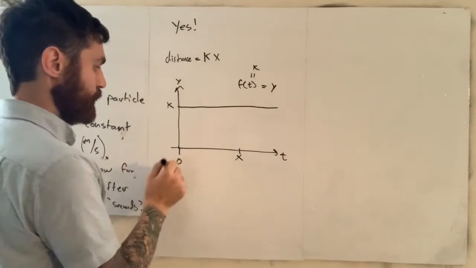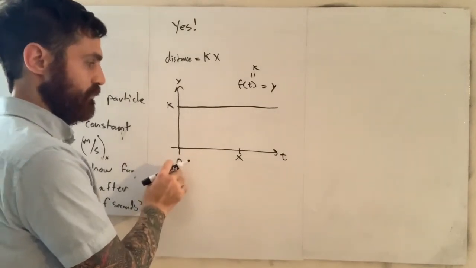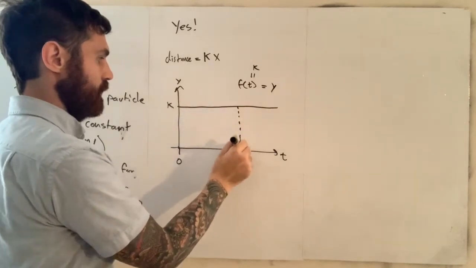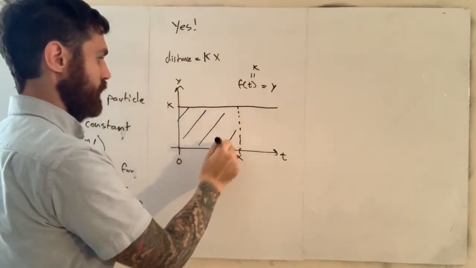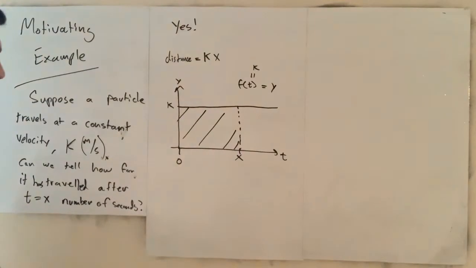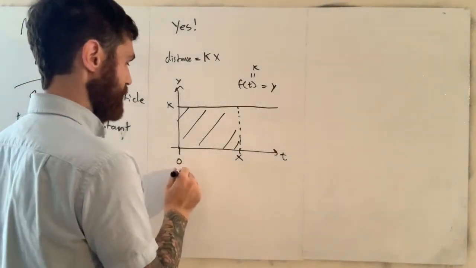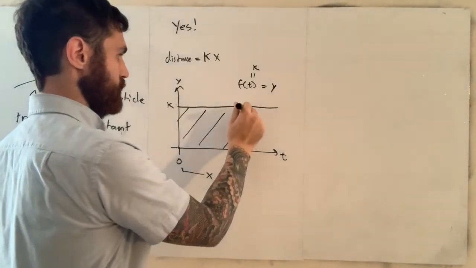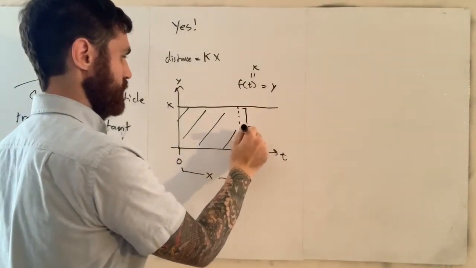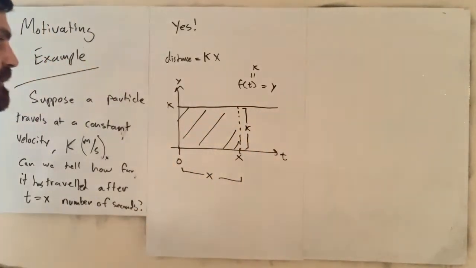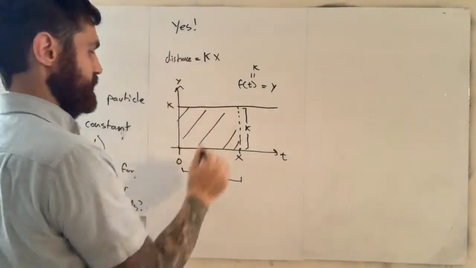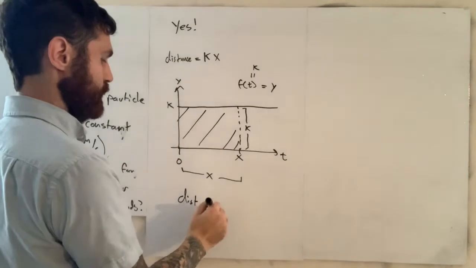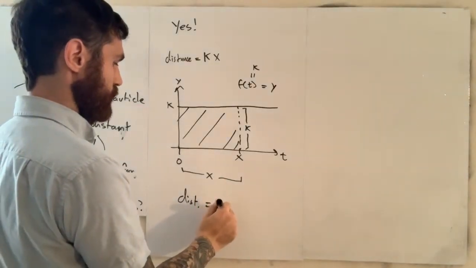Well, if this is 0 and we're tracking it from time 0, if we look at this rectangle, then we're going to have x, and then all the way up to k. And so we can think of the distance traveled as equal to the area of this rectangle.